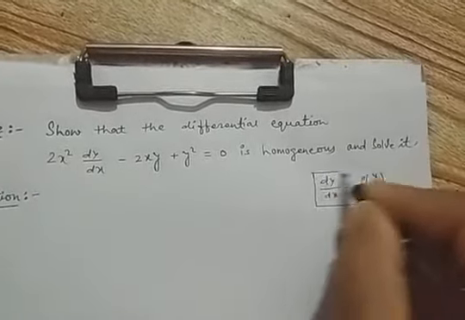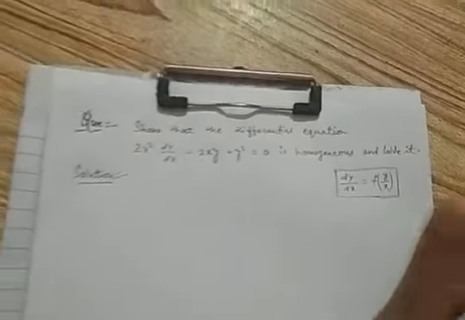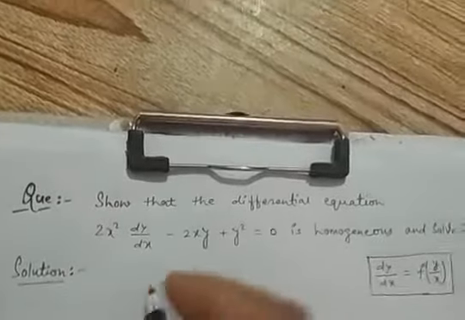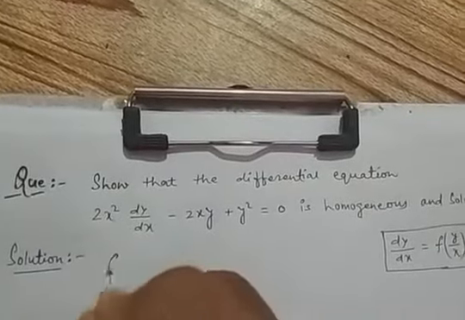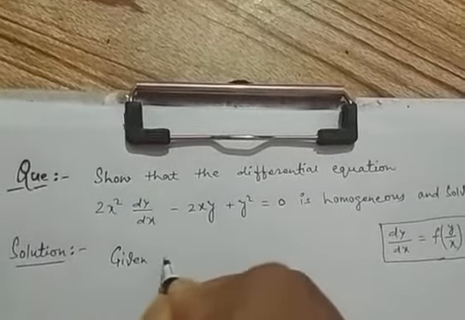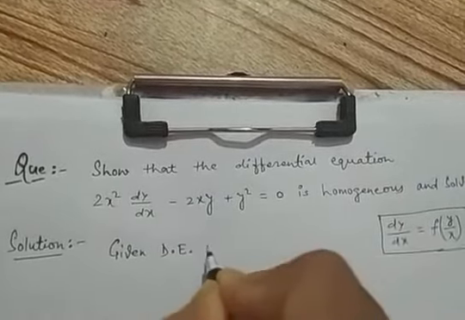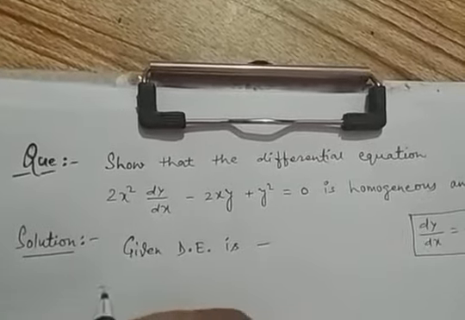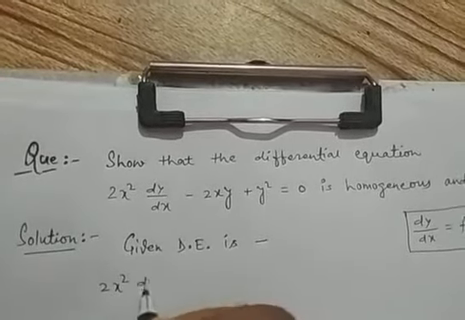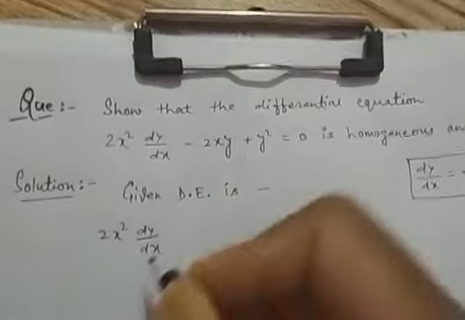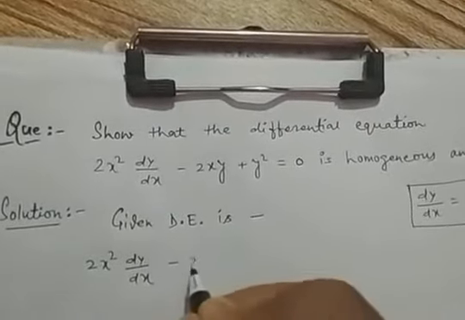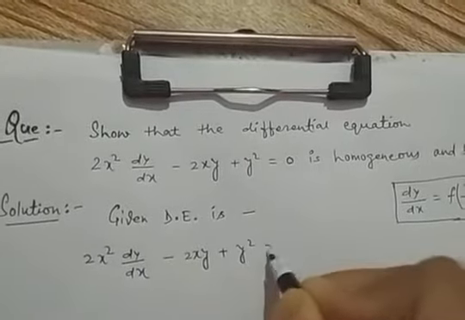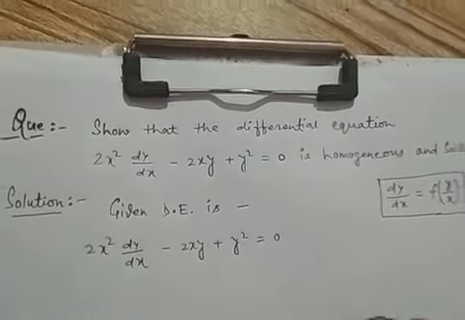Okay students, so here the given differential equation is 2x square dy upon dx minus 2xy plus y square equal to 0.